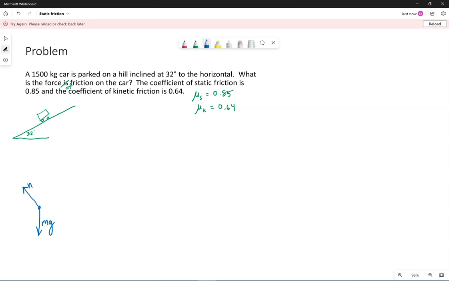If this was a perfectly icy hill with no friction, the car would accelerate down the hill. Well, this problem tells us the car is parked, so the force of static friction needs to point up the hill in order to keep the car from sliding down the hill. So this is our free body diagram.